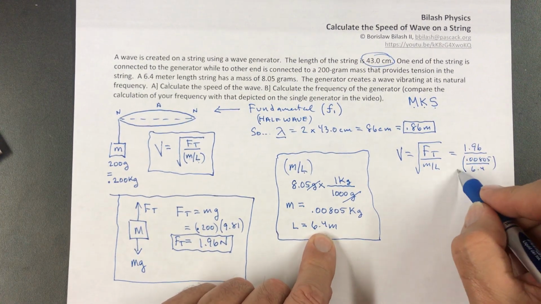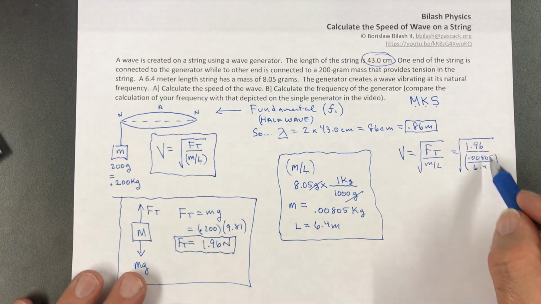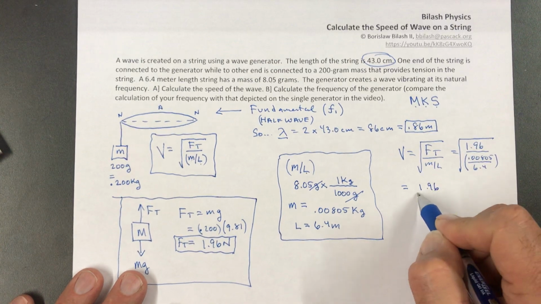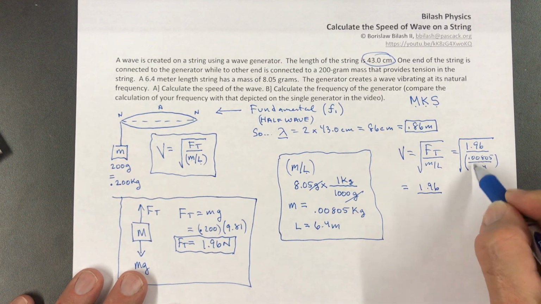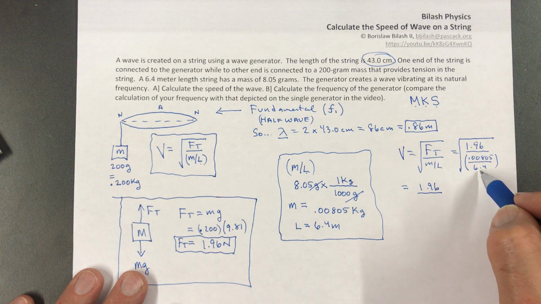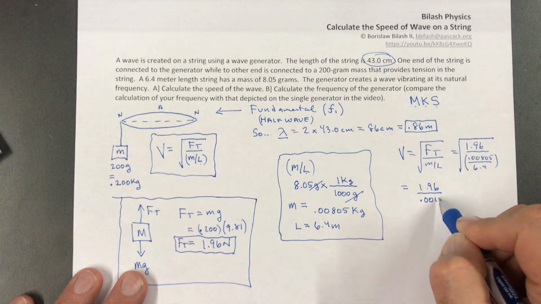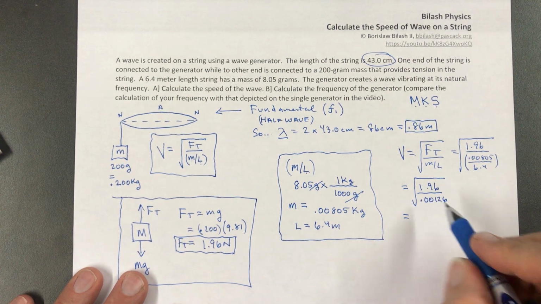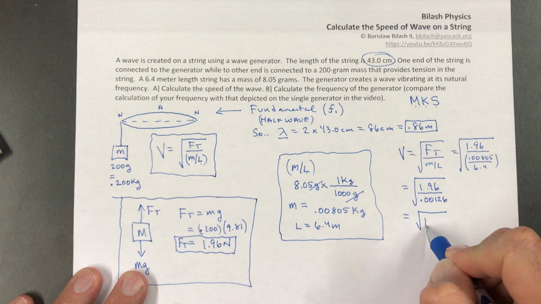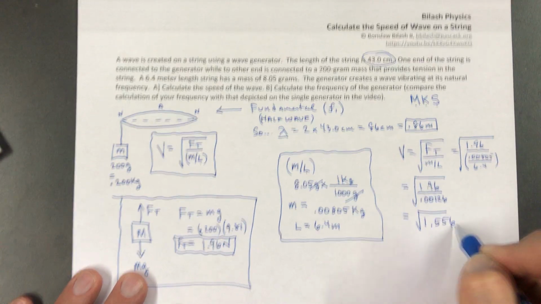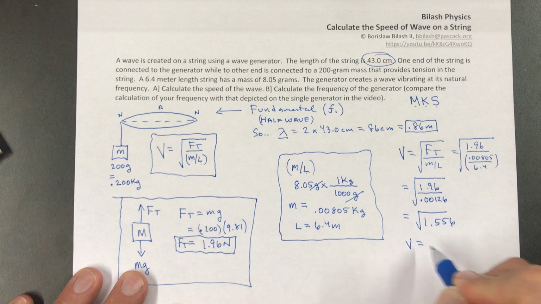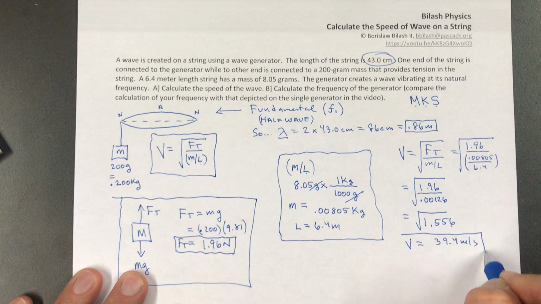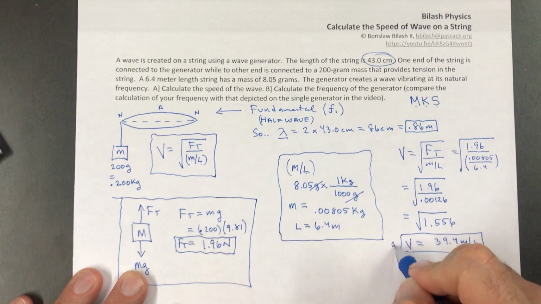That's m over L. So let's further reduce that to 1.96 divided by, so this ratio here is going to be equal to 0.00126, and reduce that down, and we get square root of 1.556, which finally we get an answer of velocity is equal to 39.4 meters per second. And that's the answer to A.